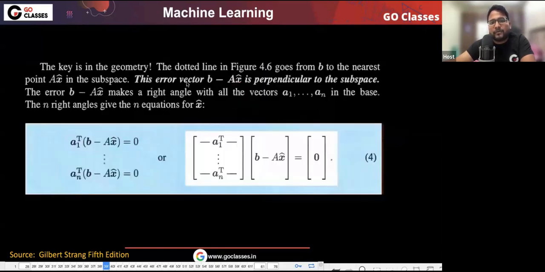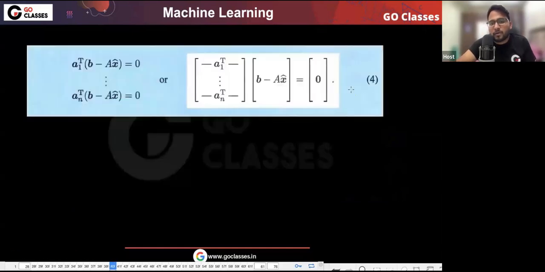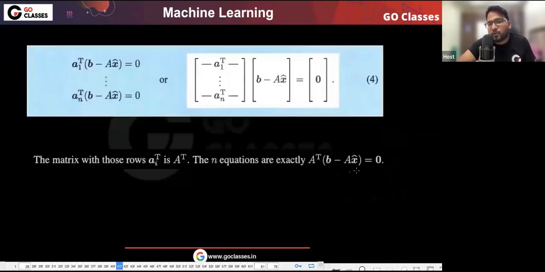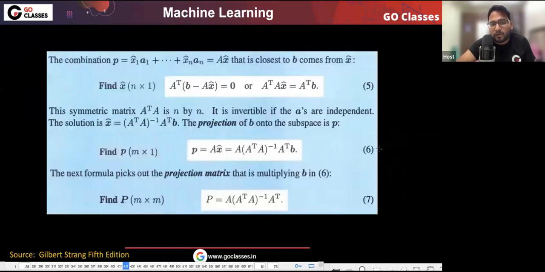I'm representing those vectors a1 to an in capital A. These are perpendicular, so we have already done this exercise. From here you get A transpose into (b minus A x cap) equals 0, right?